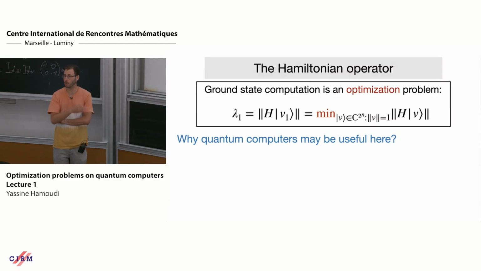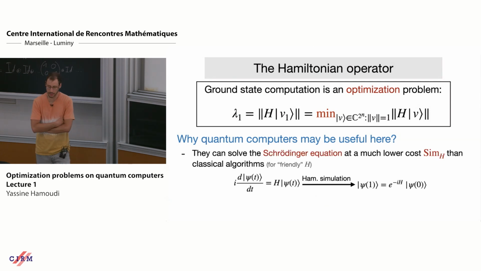Okay, so now we would like to solve this problem using quantum computers. So what could we do? How may a quantum computer be helpful in computing the ground state? There is one task which quantum computers are very good at, which is called Hamiltonian simulation. Essentially, it is about solving the Schrödinger equation.